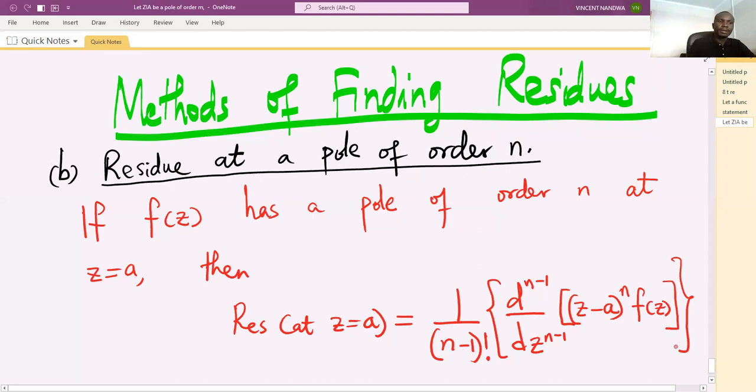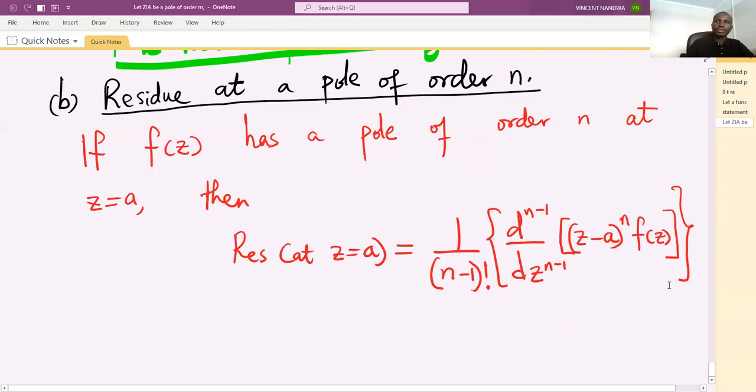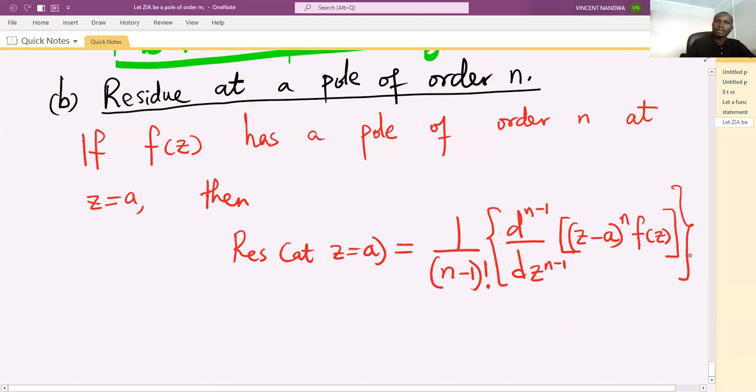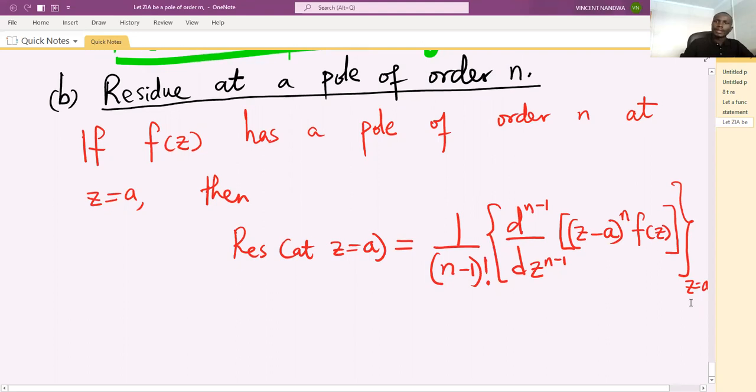So that's the formula. And then you remember to put the value z equals a. So let's see how we do that.